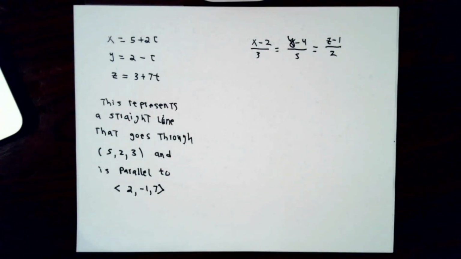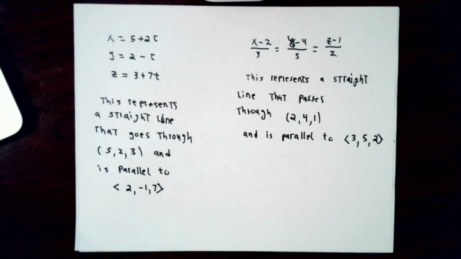This straight line is going to pass through the point (2, 4, 1). The numbers on the bottoms of the fractions are the a, b, c numbers. These are the components of a vector along whose direction the straight line passes. So we can write the same kind of sentence for this situation as we did for that one.